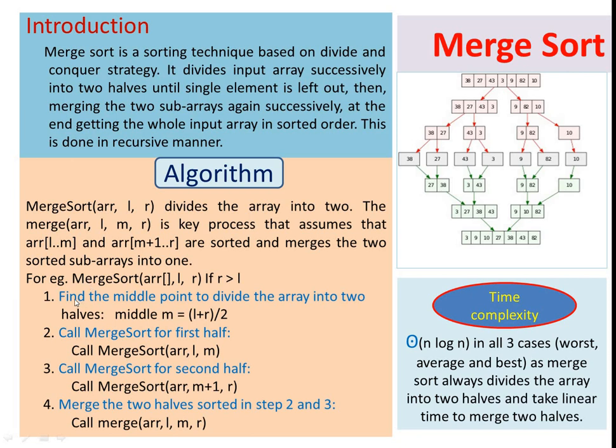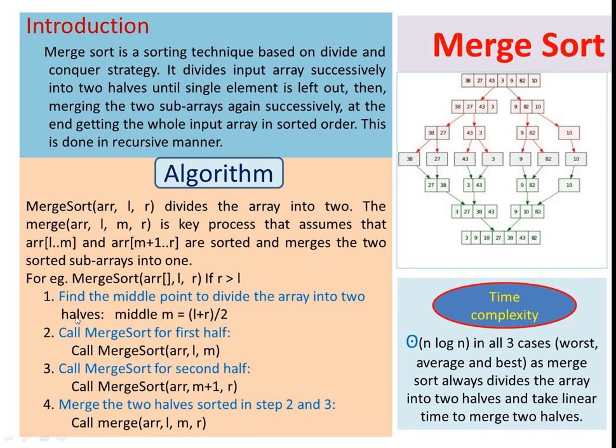So the first step is to find the middle point to divide the array into two. If merge sort is called with the array, left index and rightmost index, and the right index has a higher value than the lowest index, we calculate the middle value using the formula left plus right divided by 2.